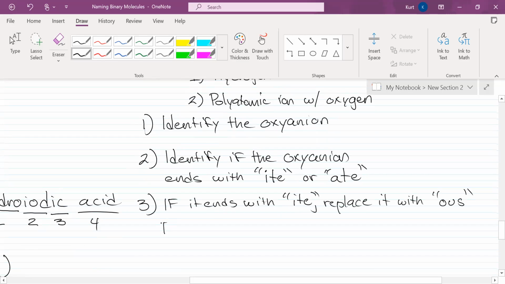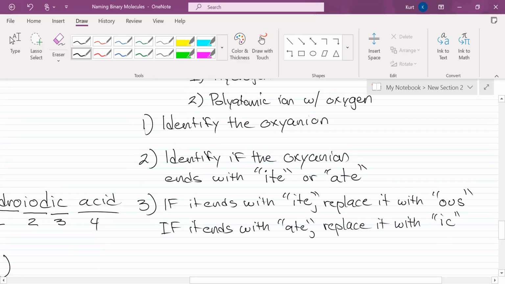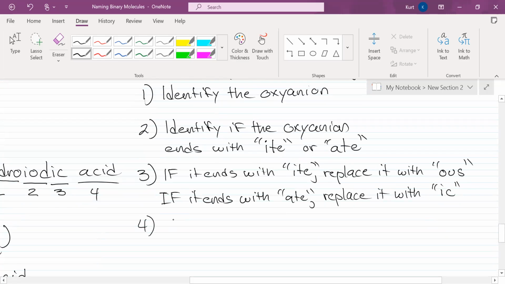If it ends with ATE, you're going to replace it with IC. And then step 4, second word is acid. There is no hydro with these.